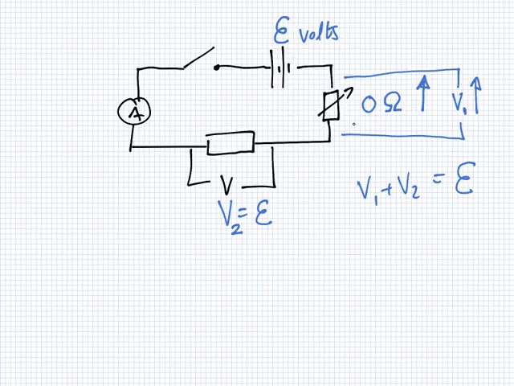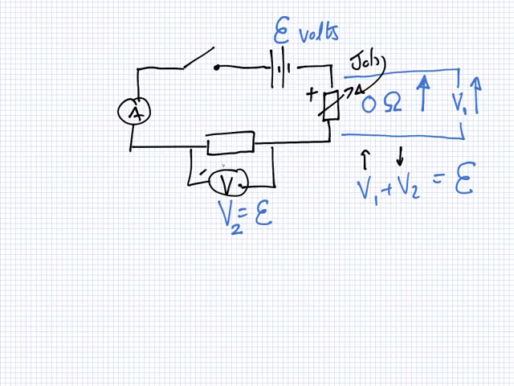Now, this gives us the reason why we have the variable resistor here. The job of this variable resistor is actually to change the voltage on this one. So, as you increase V1, what should happen to V2? Decrease. So you can increase this to make a decrease here in the voltage.